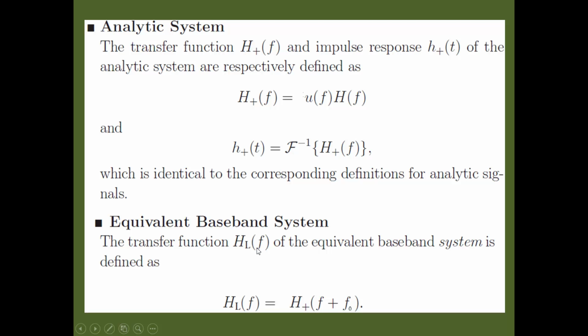The transfer function H l f is the low pass equivalent. That means this system's spectrum is lying on the positive side of the frequency axis, and the spectrum is not centered at 0, it is centered at a non-zero frequency because it's a bandpass system.